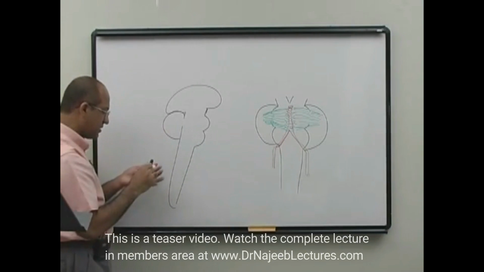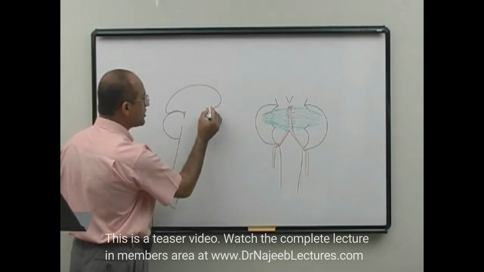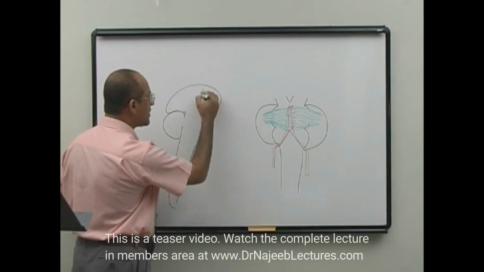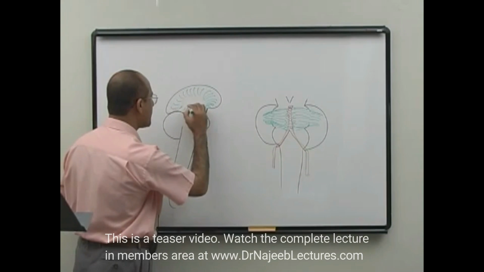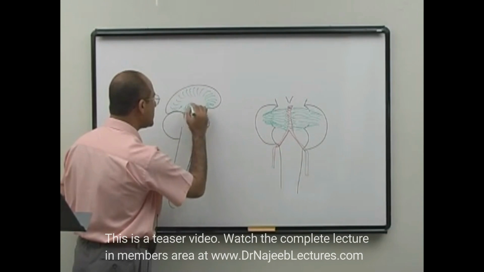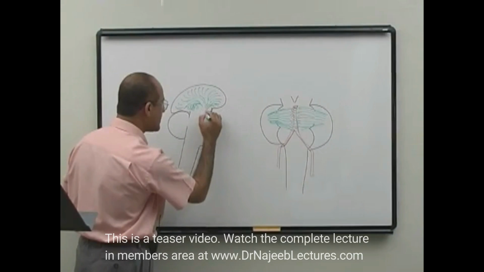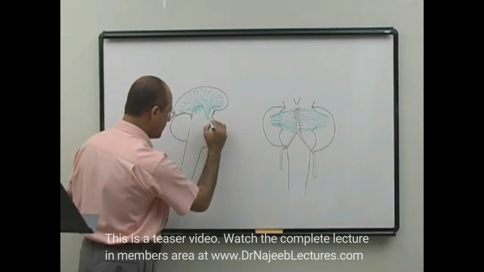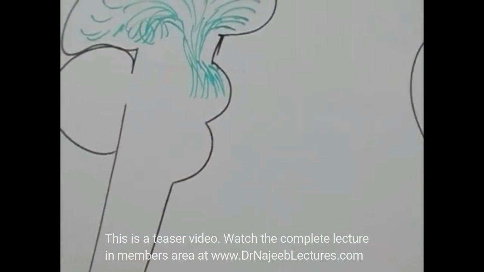Now what really happens is that a lot of fibers are coming from cerebrum. What is this? Frontal. What is this? Parietal, occipital and temporal. All these fibers are coming down and they end up in pons here. They end up in pons.